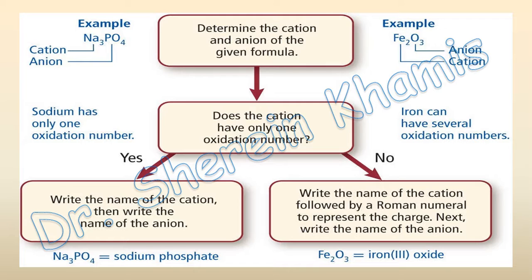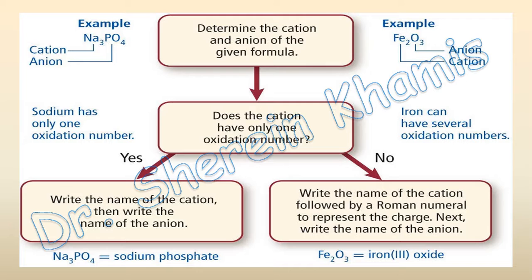What we want from this compound is to determine the cation and the anion of the given formula. At first, any salt starts with the positive radical or positive ion followed by the negative ion. What is the new word that we have taken?